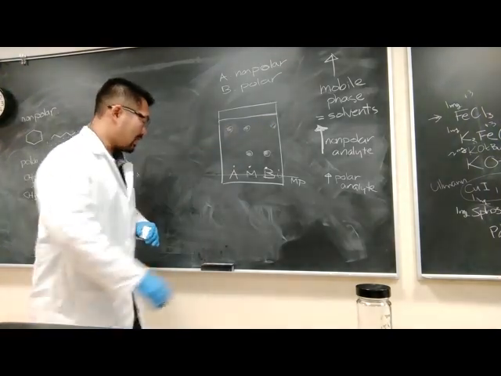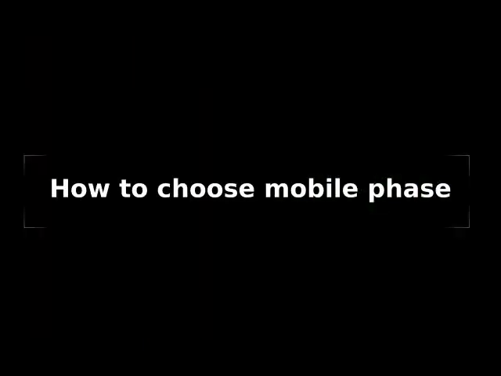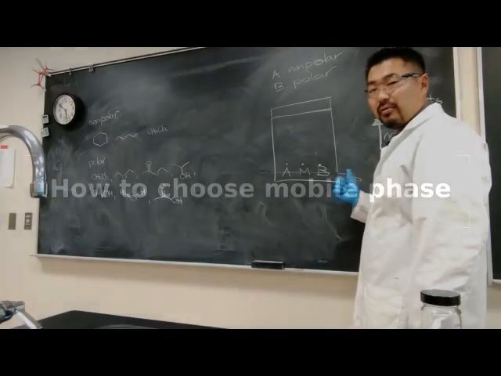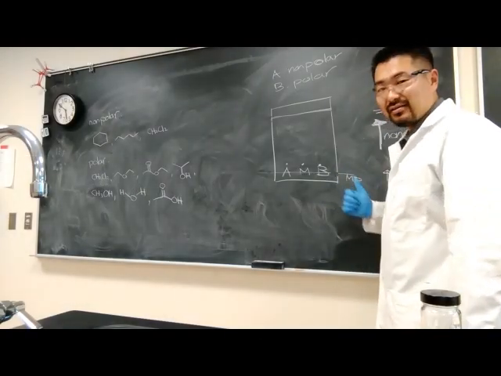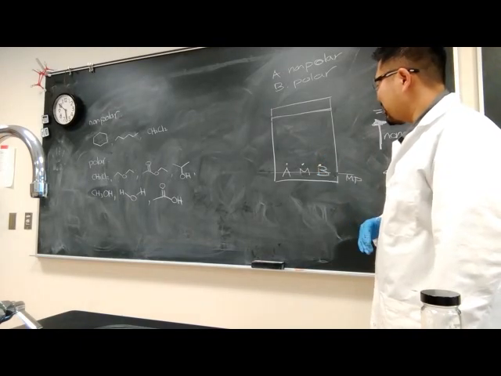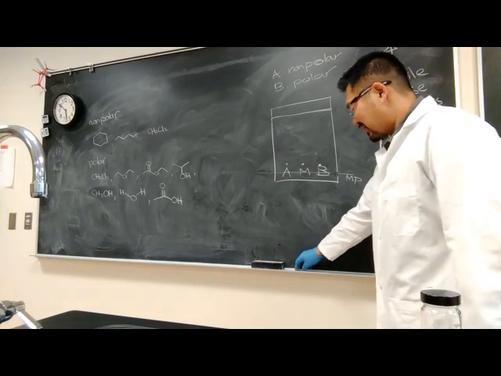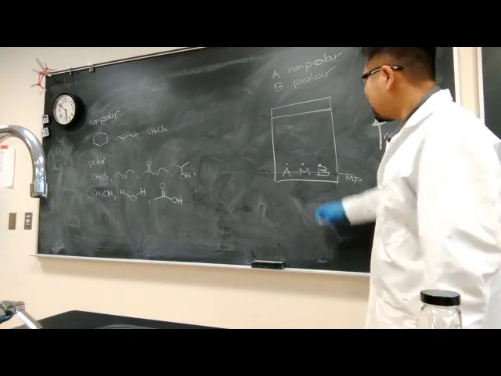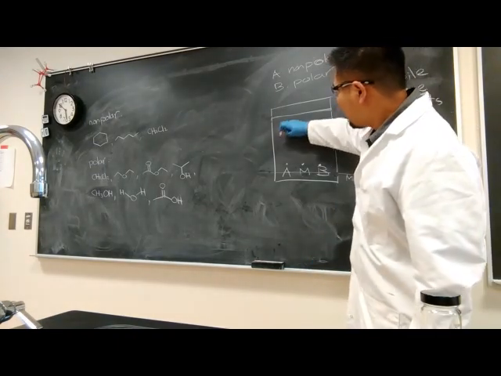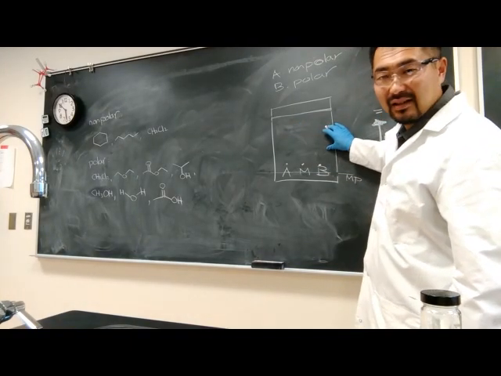That's how we would use TLC to identify compounds. Then we'll talk about how to choose your mobile phase solvents wisely. The key idea here is that you want the polarity of the solvent or mobile phase to be just right, so that your analytes will travel to about the middle of the TLC plate.